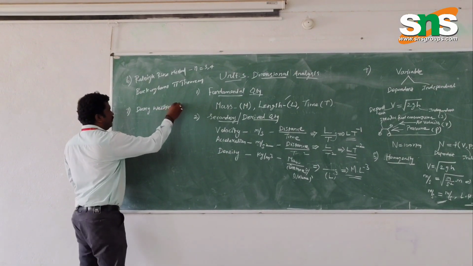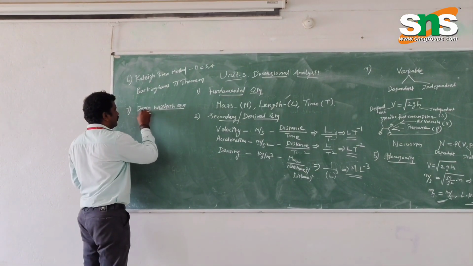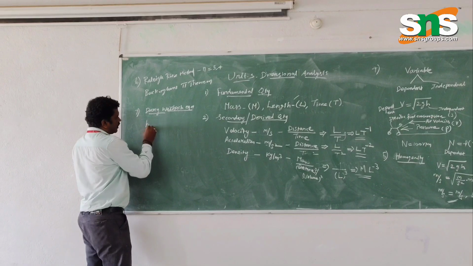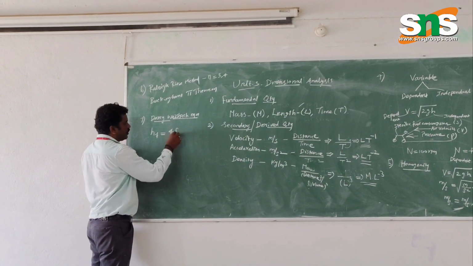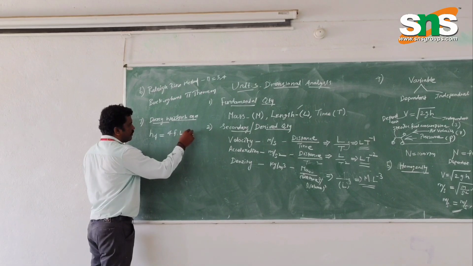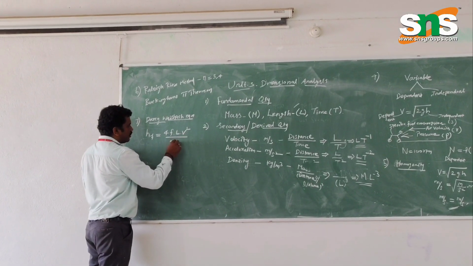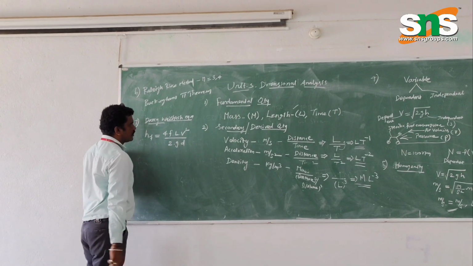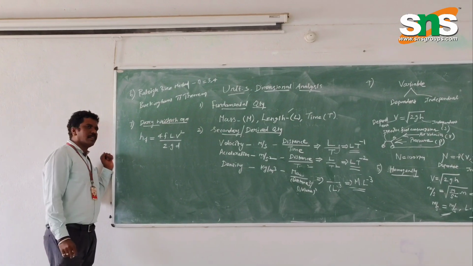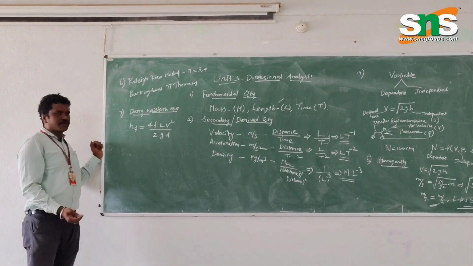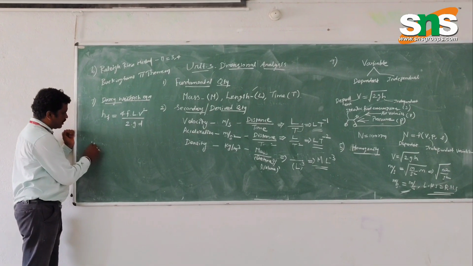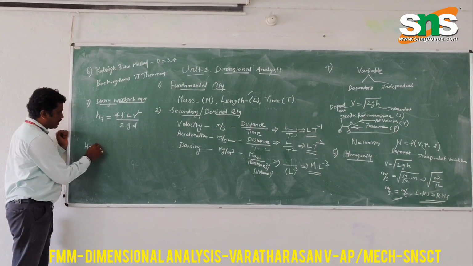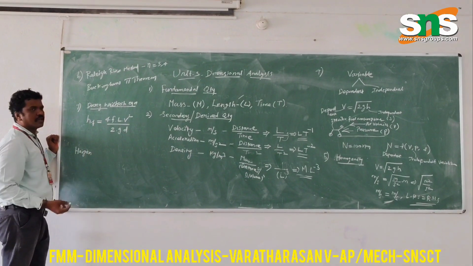So the head loss HF equals 4fLV squared divided by 2gd. This is the Darcy-Weisbach equation. We can take another equation also, the Hagen-Poiseuille equation, and relate these two equations to see how the dimensional quantities are taken.